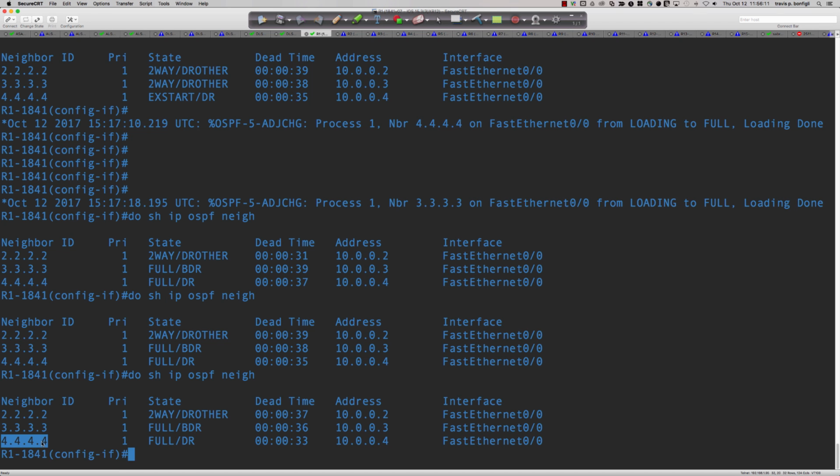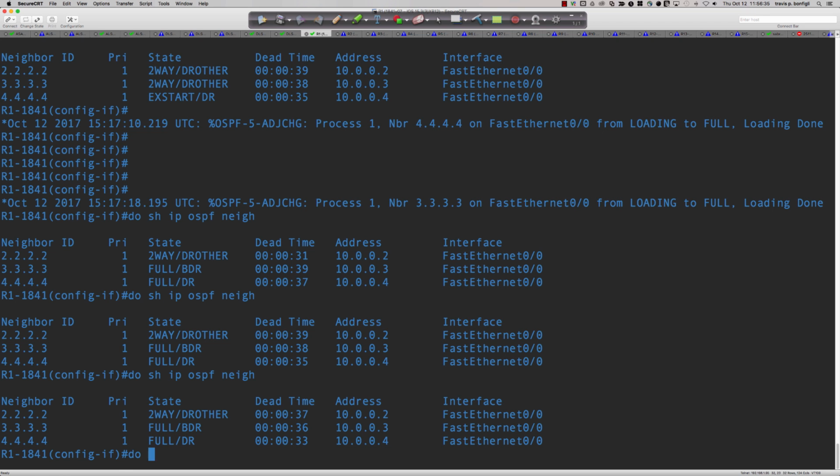They all have a loopback 0 address, routers 1 through 4, and it's simply the router number, so 4.4.4.4 or 3.3.3.3. The election took place, and router 4 ends up as the winner, the designated router. And so he will present the pseudo node.